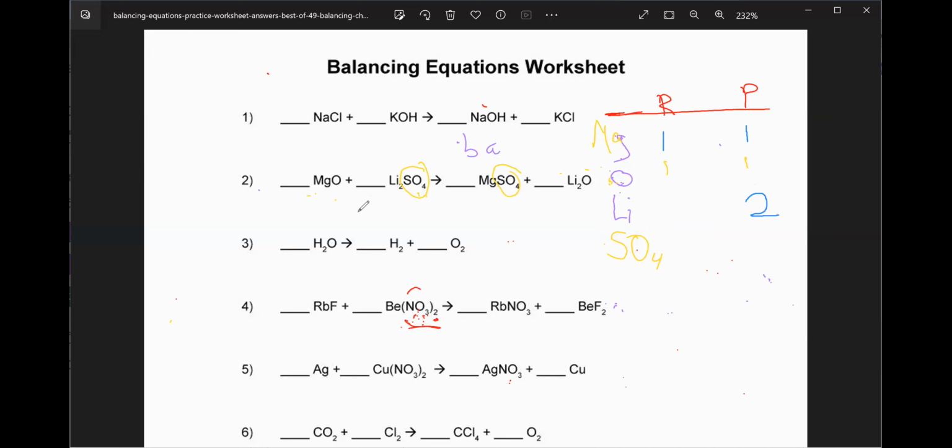Lithium, what about lithium? It has two products, and it's one reaction, right? Not two products, it has two atoms. Oh yeah, so it's two, right? Okay. What about sulfate? It's four. Sulfate, where is the four?